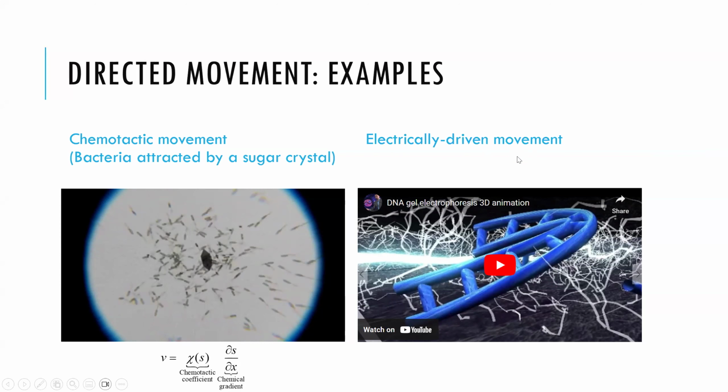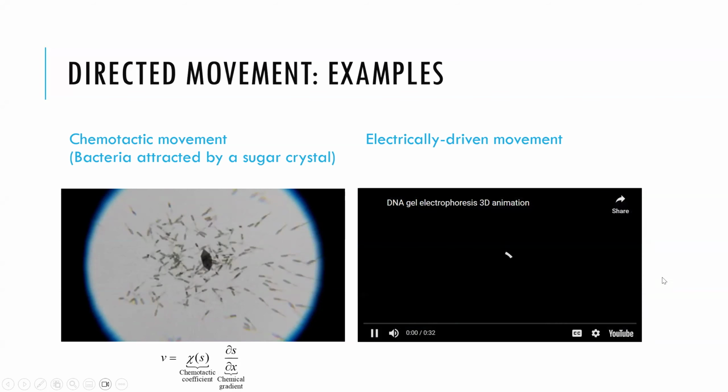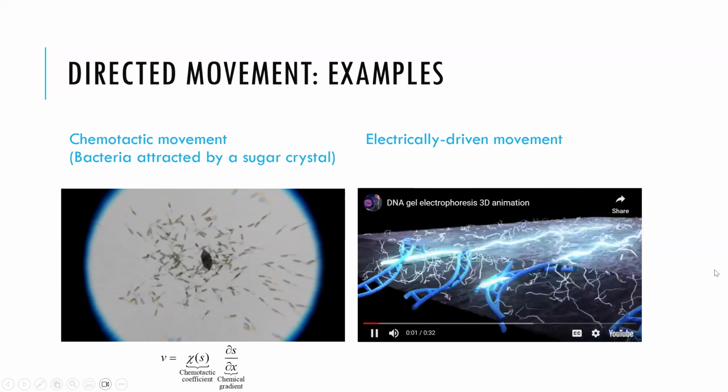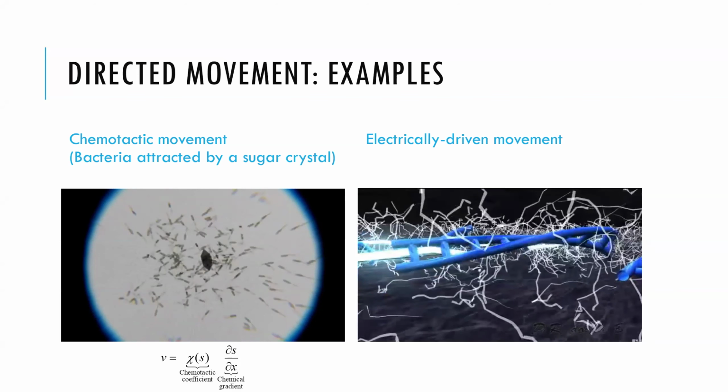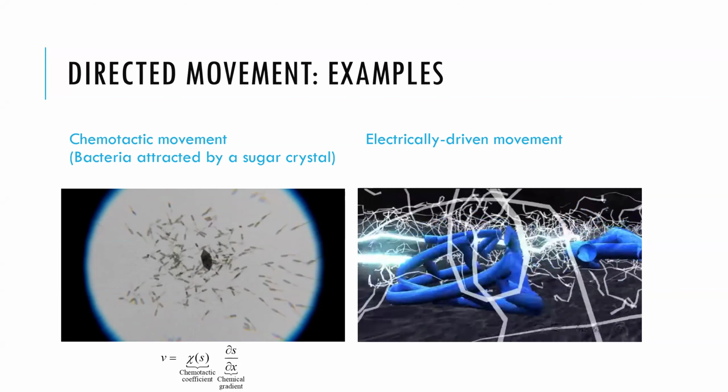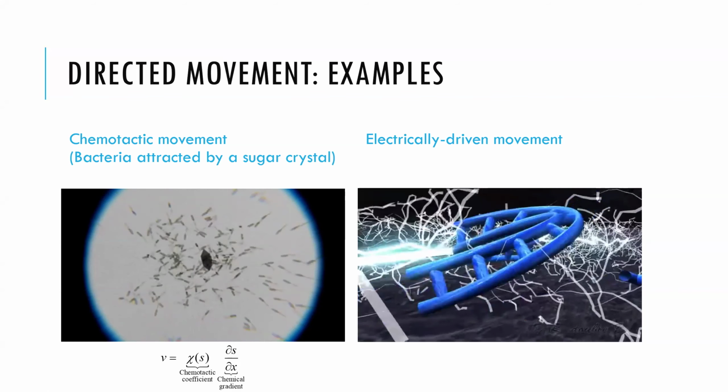Here is another one that is electrically driven, using voltages. So you're now applying a voltage, and of course you can make things electrically move along the voltage, and that's what you're seeing here.